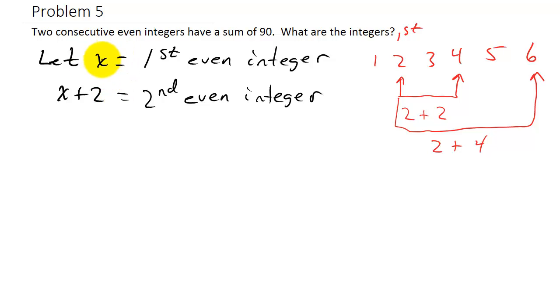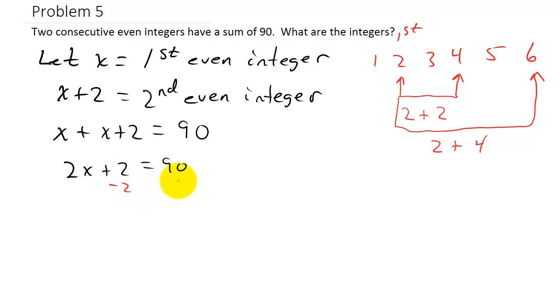If I add the first even integer and the second even integer together, I should get 90. So I've got x plus x plus 2, and that should equal 90. Now I just solve. x plus x is 2x, plus 2 equals 90.